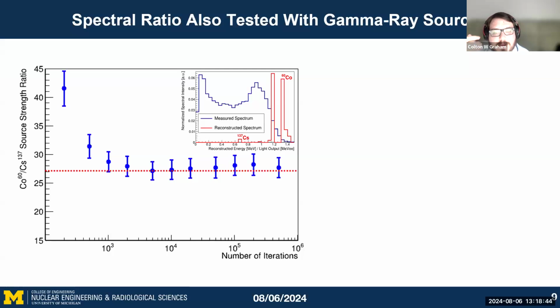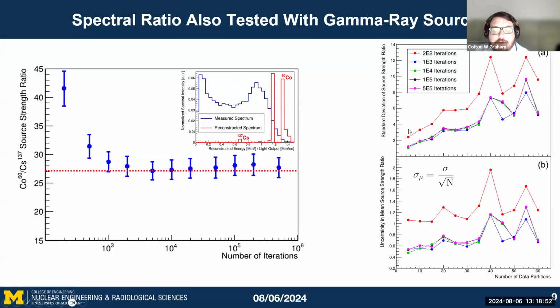Now I'll make a brief note here that we estimated the uncertainty in the source strength ratio by taking our full measurement and partitioning it into individual smaller data sets, and then for each of those small data sets doing the spectral reconstruction individually and measuring the source strength ratio individually, and then estimating the uncertainty in the mean based on the spread in the results we get from doing this.